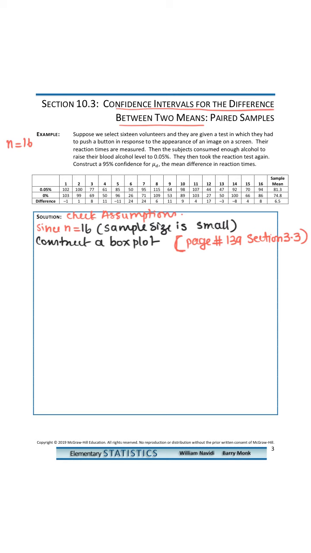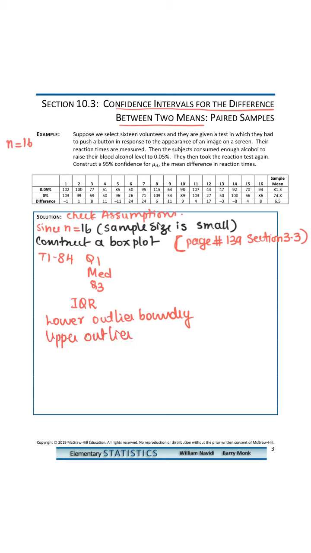Here I am going to use TI-84 calculator to find Q1, median, and Q3. And I can use that to calculate the interquartile range and lower outlier boundary and upper outlier boundary.